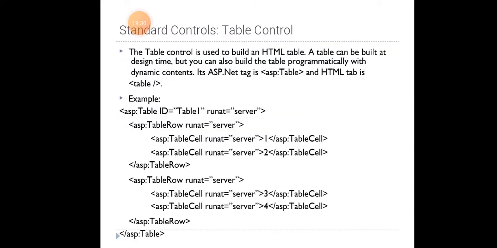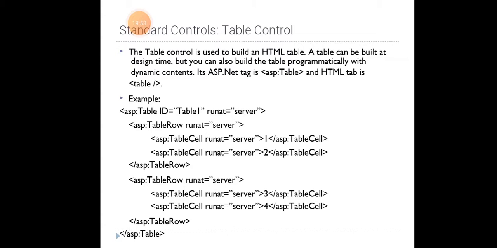Next, the table control. Table control is used to display the data in tabular form. The table control is used to build an HTML table. A table can be built at design time, but we can also build the table programmatically with dynamic contents.